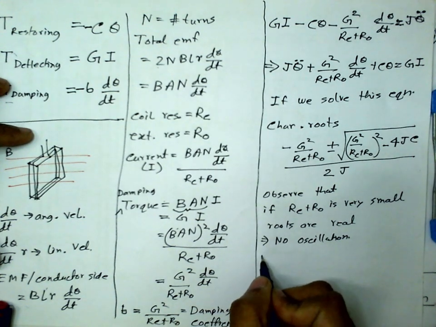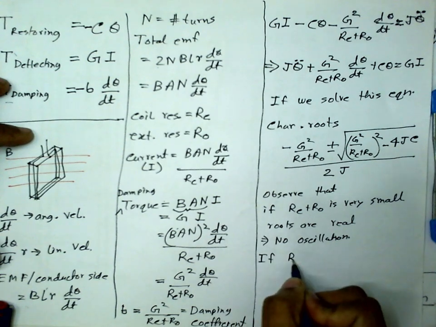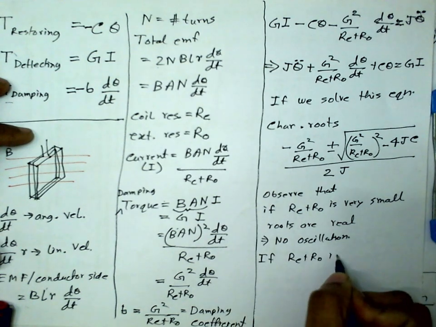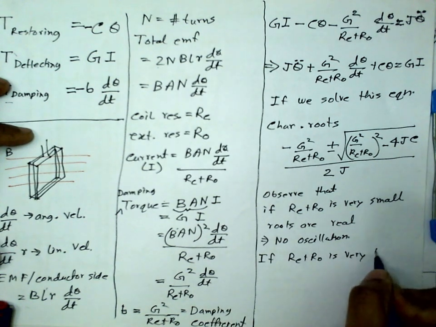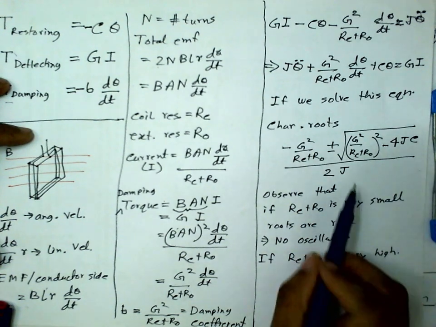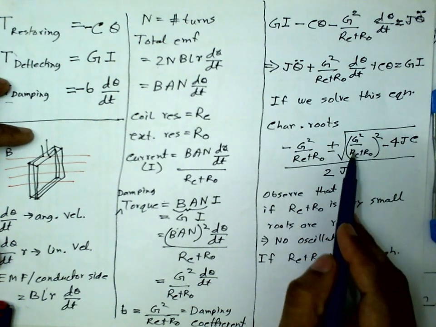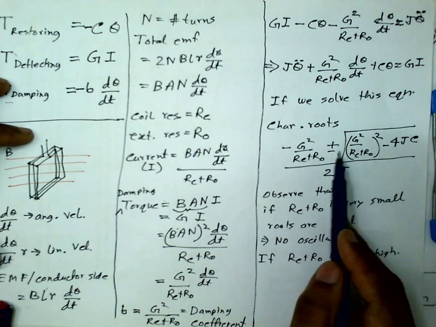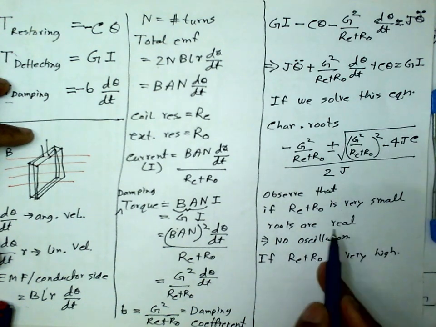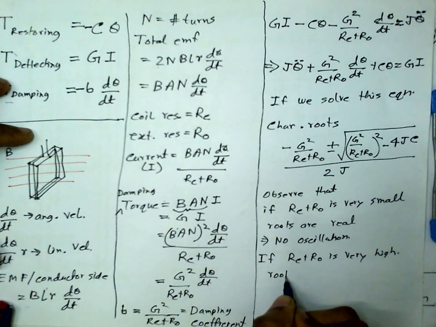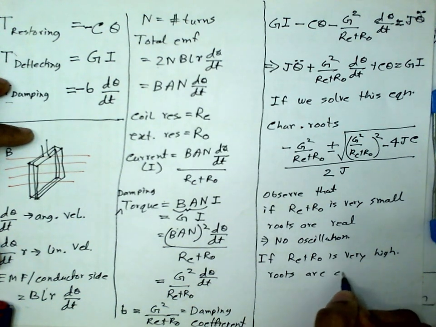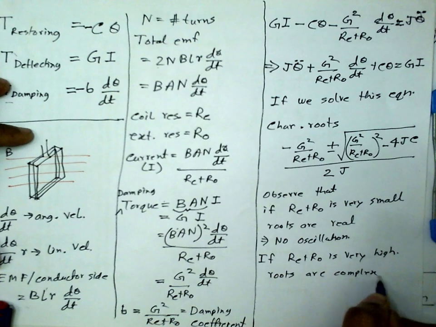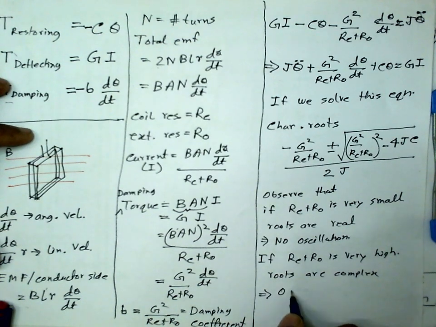Now if RC plus RO is very high, this is very high means this is a very small number close to 0, and then this is minus, so this will be imaginary. Imaginary means roots are complex, which will imply oscillation.